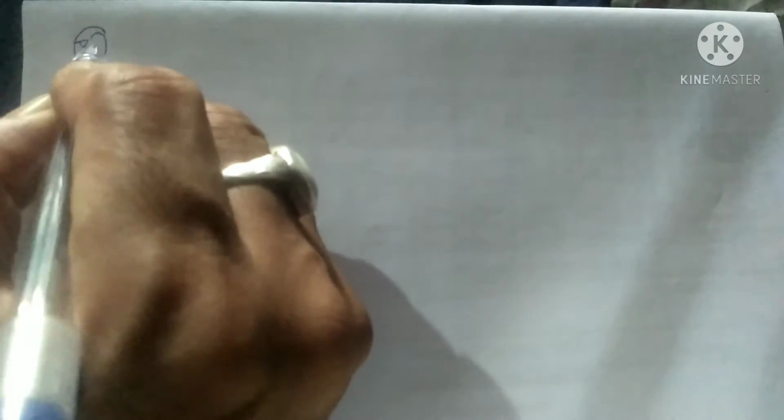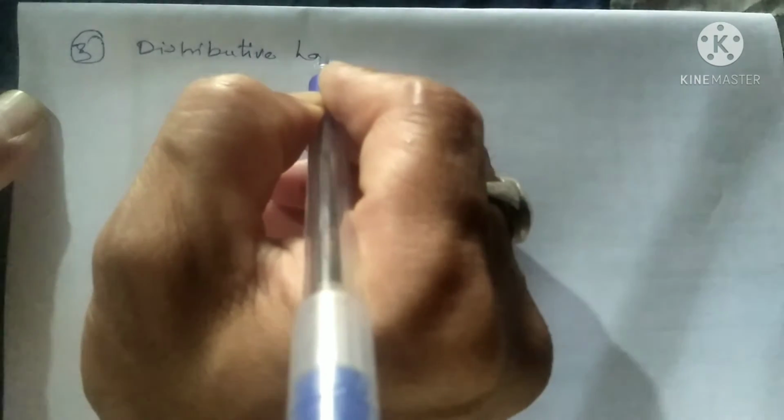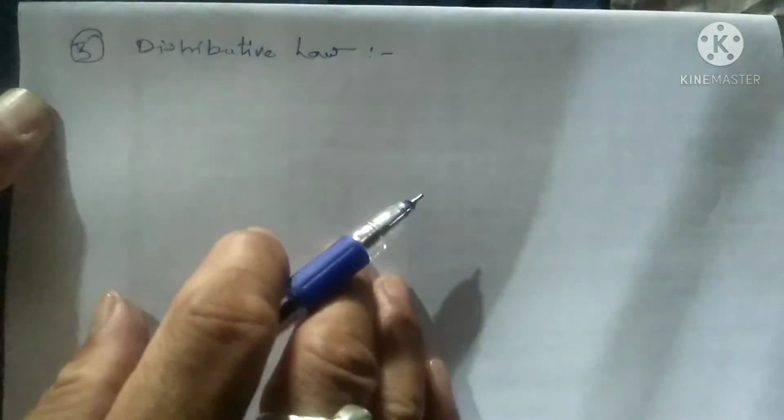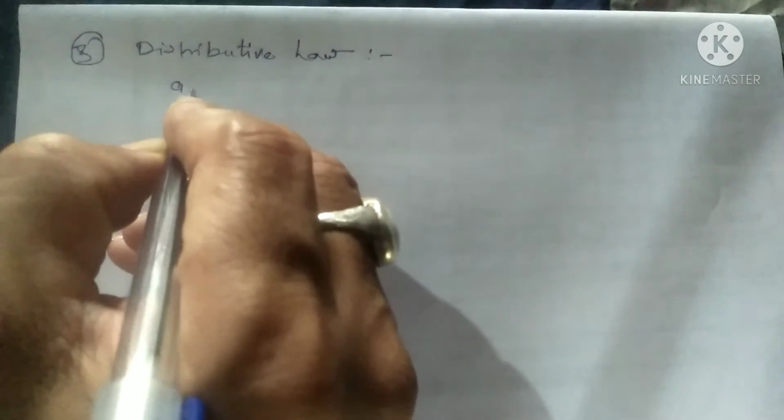Now we are going to consider the third rule of real numbers, that is the Distributive Law. Distributive here means to distribute. Let us consider three real numbers here.